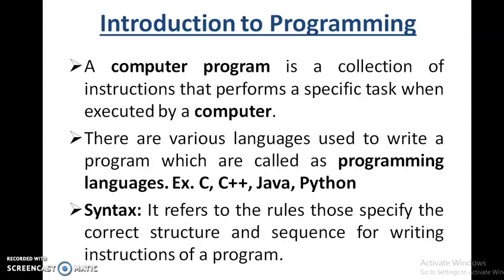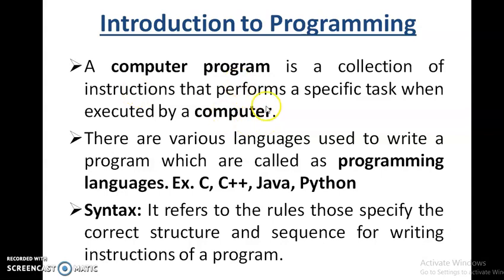If we have to get some task done by a computer, first we have to give some instruction, a step-by-step procedure that has to be followed by a computer to complete that specific task and give the output to us. And that step-by-step procedure is given in the form of instructions. Hence, it is called a collection of instructions that performs a specific task when executed by a computer.